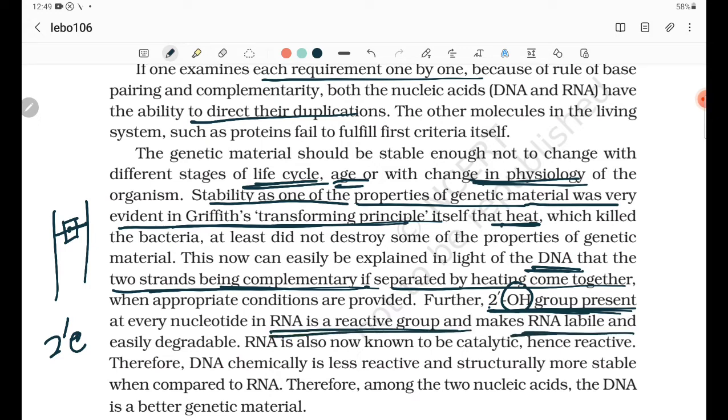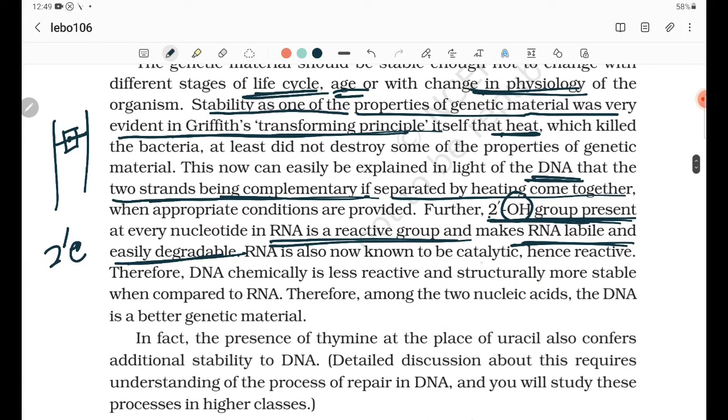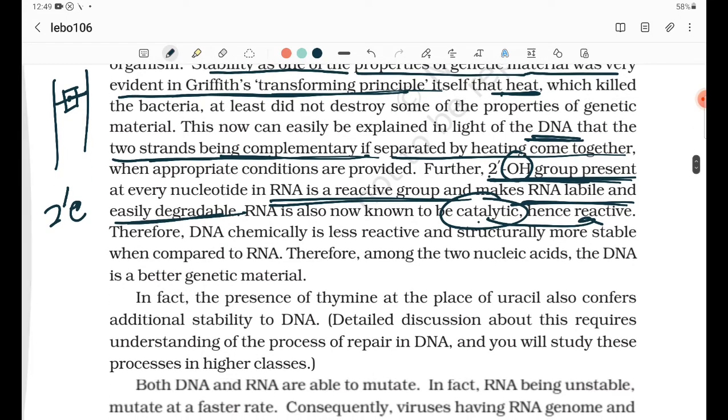So RNA is labile and easily degradable. RNA is also known to be catalytic, and if it is catalytic it means it is reactive. DNA is therefore more stable and less reactive in nature, right? So it is very much suitable as the genetic material.